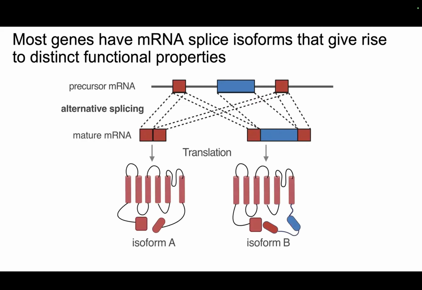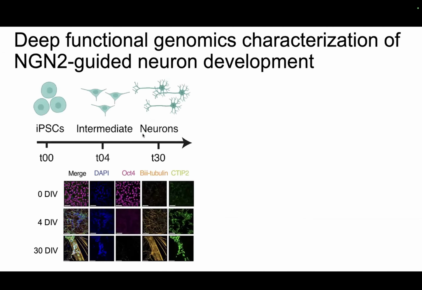When that's translated, that can result in different proteins, and these different proteins can have different functions. This is what we're trying to study when we assess splice isoform diversity using RNA sequencing data.